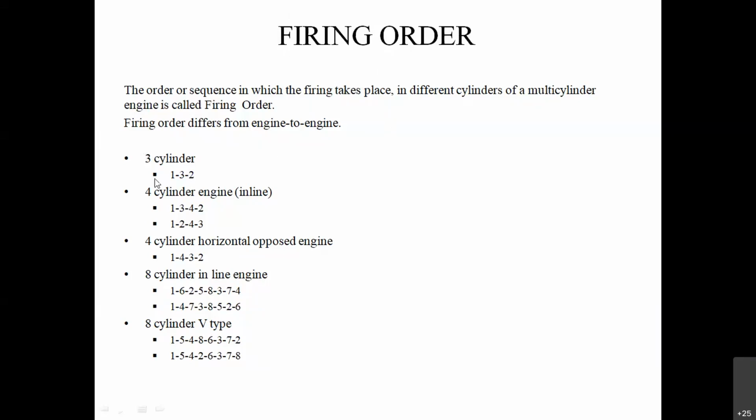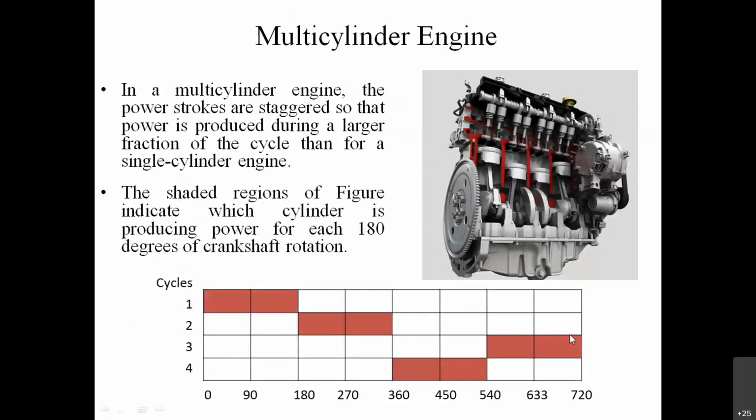So that is defined as we have discussed here. It's not 1, 2, 3, 4, but it's 1, 2, 4 and then 3. That means the first cylinder is in the power stroke, then the second is generating the power, then the fourth cylinder, and then the third cylinder.